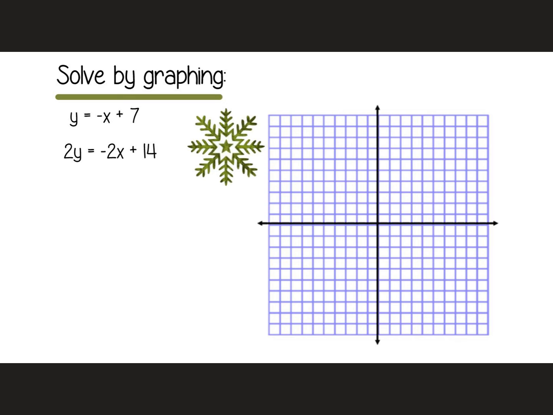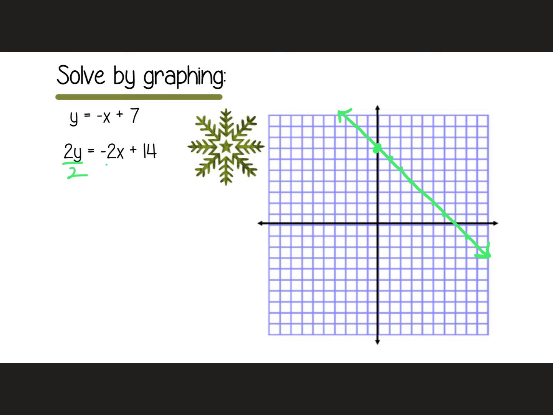Last example here. Top one, y equals -x plus 7. So there's my y-intercept at 7. My slope is -1 over 1. And then I notice on the second line that y is not by itself. So this is not in slope-intercept form.